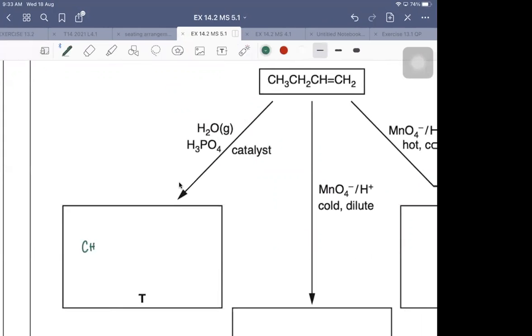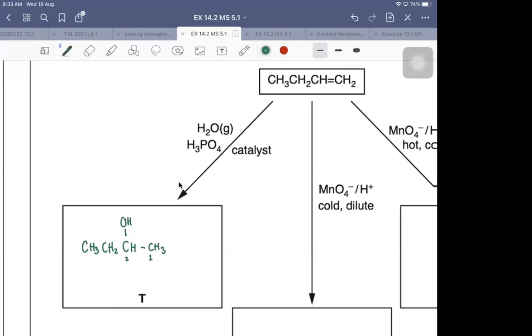So CH3CH2CHOHCH3. Okay, that's the second carbon. Now, that's not my structural formula yet. I'm just showing you where I am adding my hydroxy group.